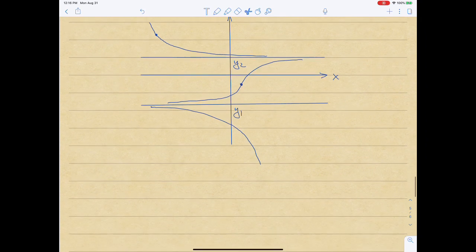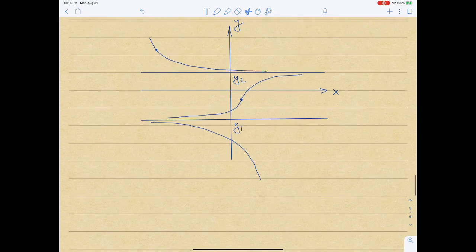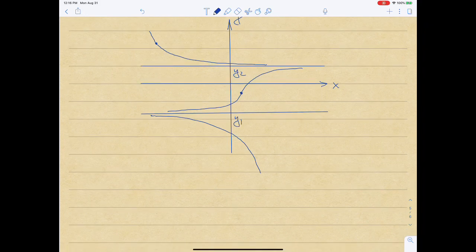One more thing here. So if I look at the point y2, let me write this in words.